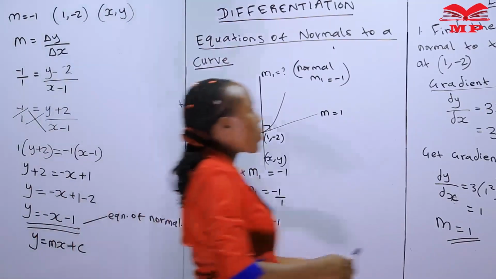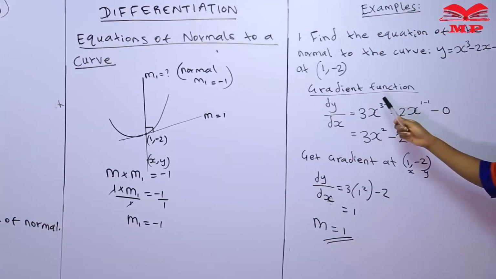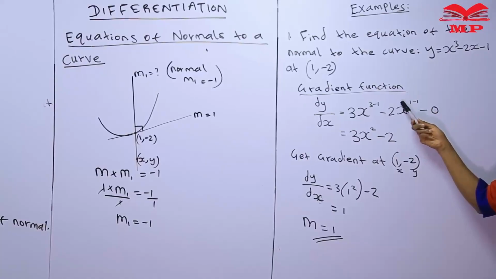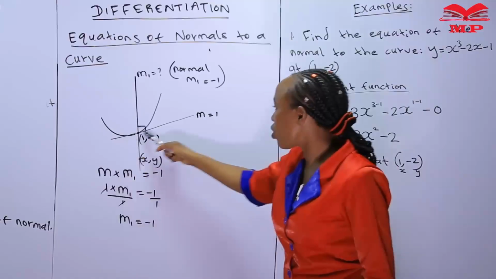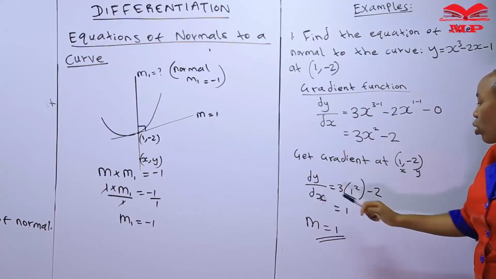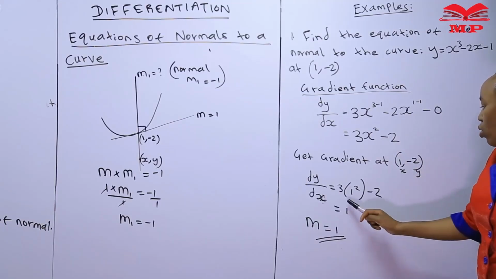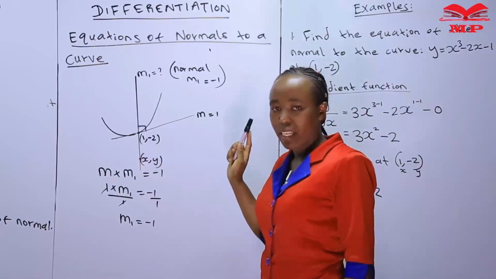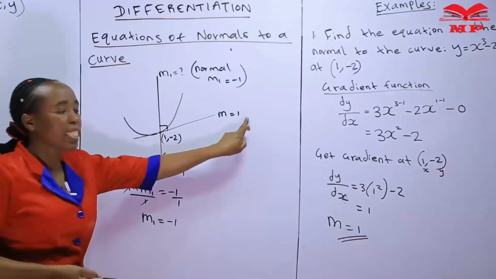So I repeat, how do we find the equation of a normal given the curve? The first thing, we get the gradient function. When we are getting the gradient function, we want to get the gradient of the tangent. We have been given the point, so we can substitute x with 1, so we get the gradient as 1. That is the gradient of the tangent. If we had been asked to find the equation of the tangent, we would use this gradient.